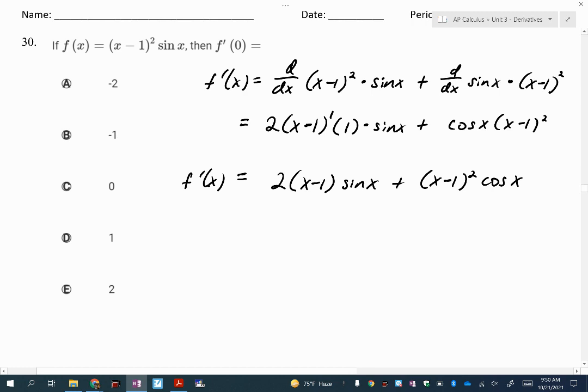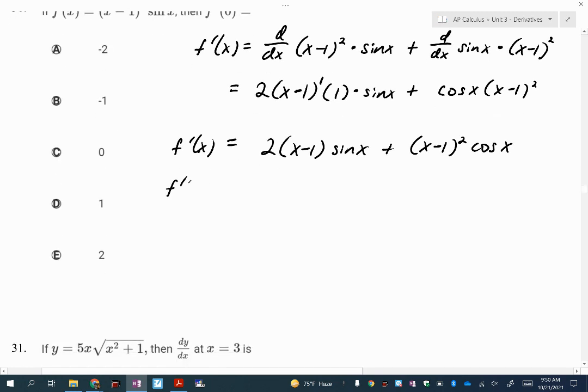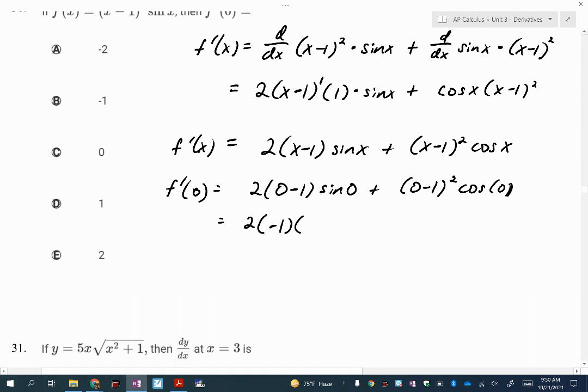Now, it doesn't want that. It wants what happens when you plug in 0 into the derivative. So everywhere I see x, I'm going to replace with 0. Okay, so we have 2 times negative 1 times the sine of 0. Again, if you need to use the trig formula sheet, I gave you guys one recently.